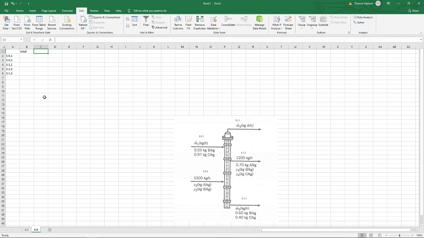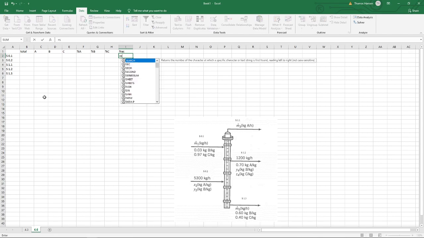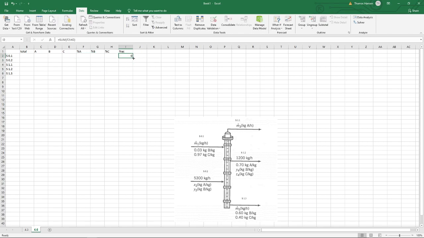In this case, we have the mass of A, B, and C. Percentage of A, percentage of B, percentage of C. And we'll just put in a fraction. I sum up, in this case, 3 fractions. Like that. And I can actually just drag that down. That was one too far.